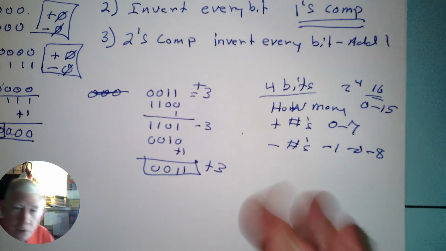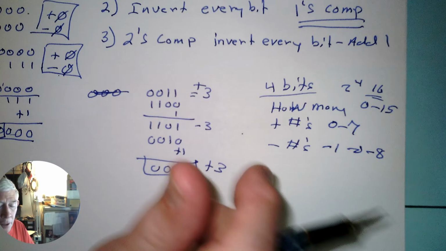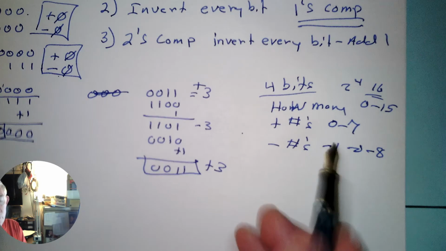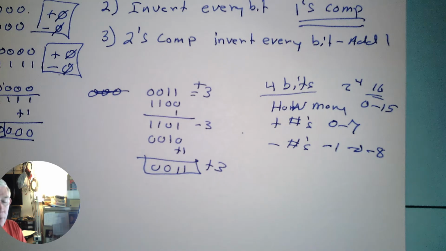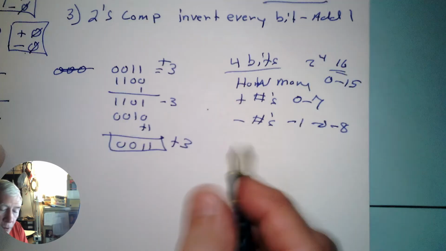So we have 8 negative numbers and 8 positive numbers, but we have to include the representation for 0 as a positive number, and therefore we have 8 positives and 8 negatives, but we always have our negatives go one more value smaller than our positive numbers go positively larger. So 0 to 7 and -1 to -8. This is true.